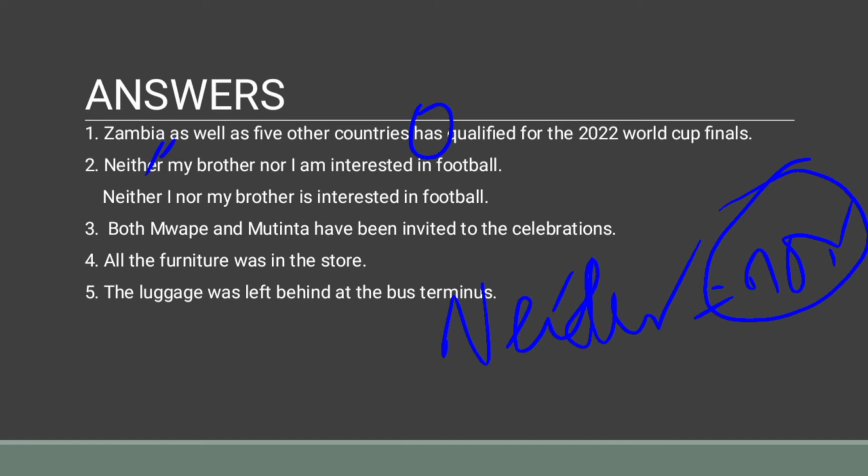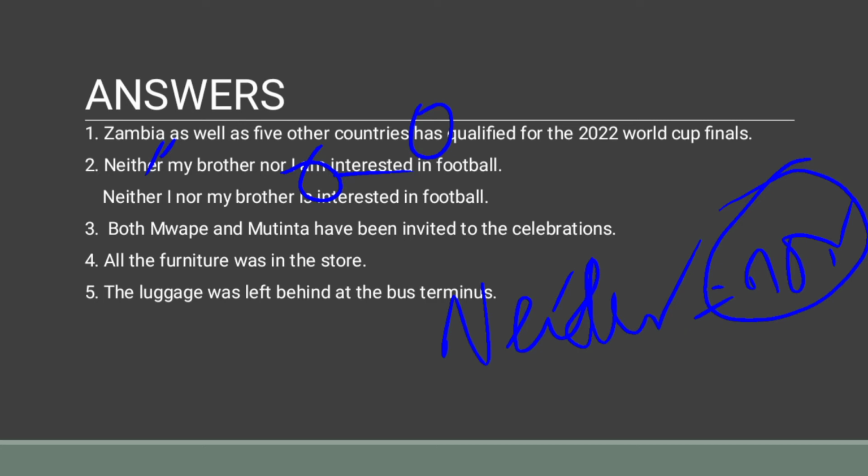Here we are looking at the verb or the subject closest to the verb. The verb here is interested. Now for I, you cannot say "I is interested". So when I is closer to the verb, then you use am. Neither my brother nor I am interested in football.